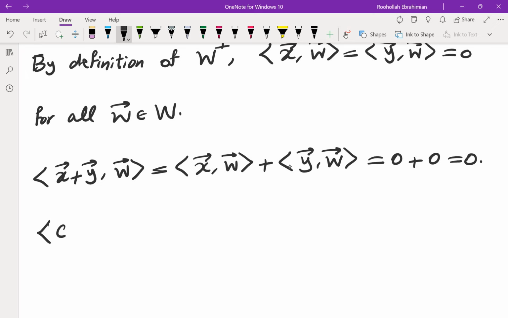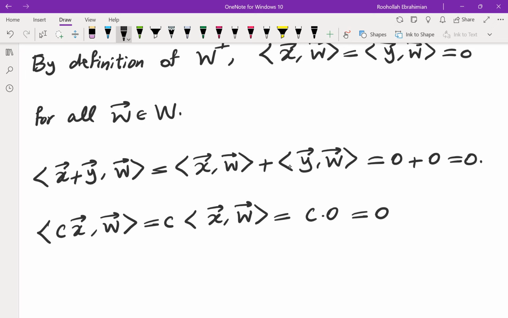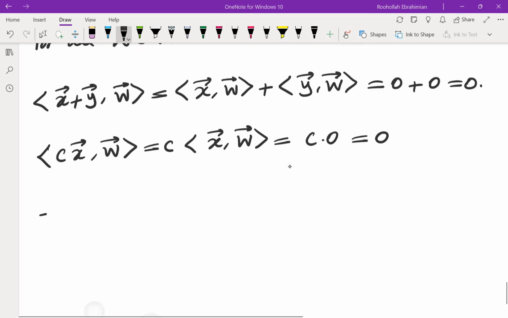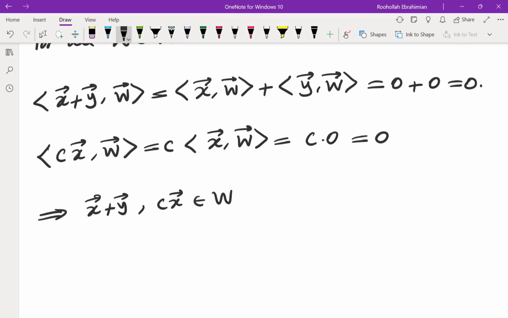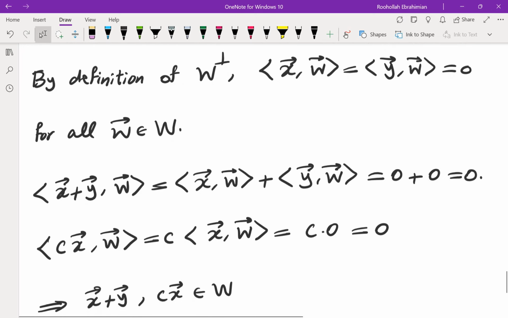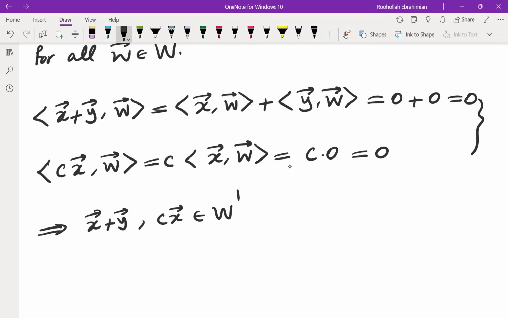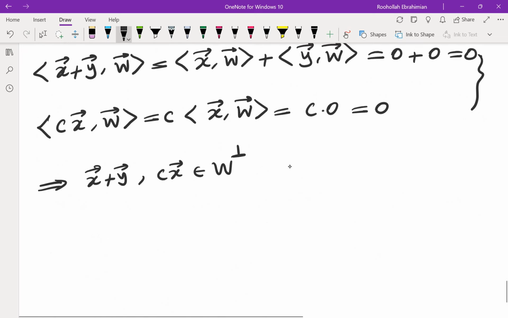If you look at cx and w, by linearity this would give me c times the inner product of x and w, which would be c times 0, which is also 0. So these two tell us that x plus y and cx are both in W perp, for all w in W. Therefore W perp is in fact a subspace.